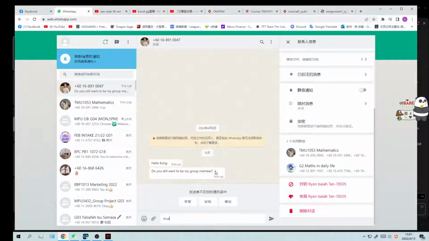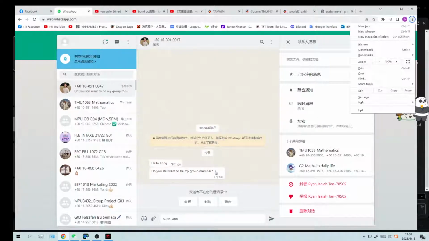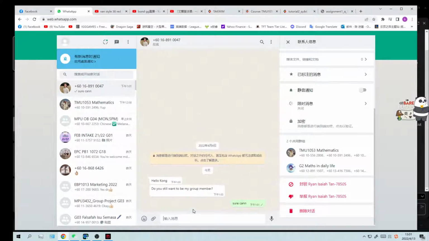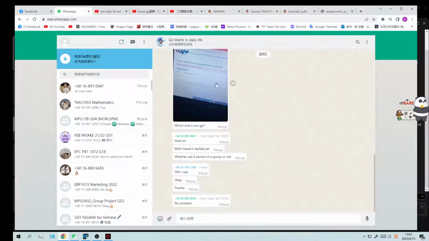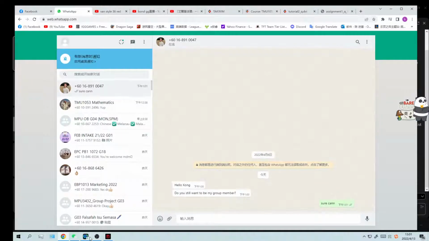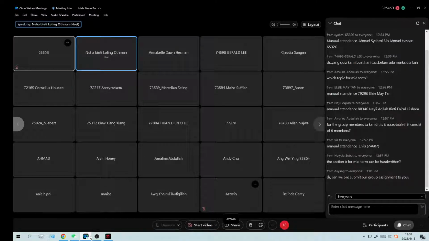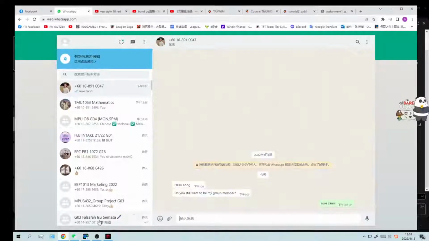Jangan harap orang lain yang buat. And make sure kalau kamu dah menyumbang, nama kamu ditulis. Group assignment, hantar by group. So one group, one representative.